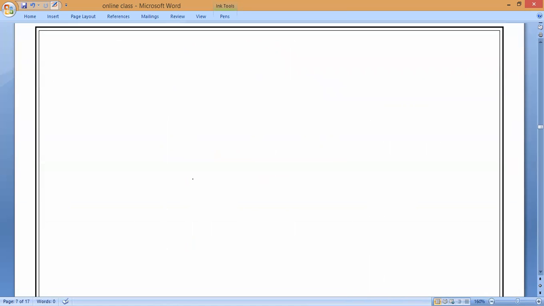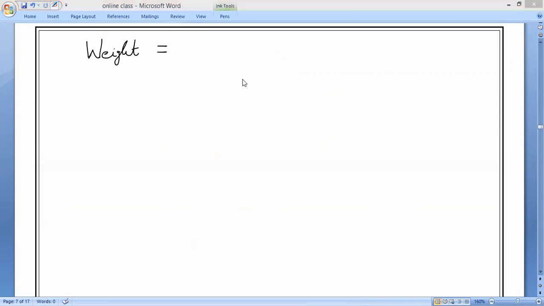So please tell me, what is the relationship between weight on Earth and weight on the Moon? First of all, you should learn the weight formula. What do you mean by the weight formula, everybody? Arun, Kailash, what did I tell you? What is the formula for weight? Tell me. Arun, I'm asking you only. Can you hear me? Yeah, tell me, what is the formula for weight?